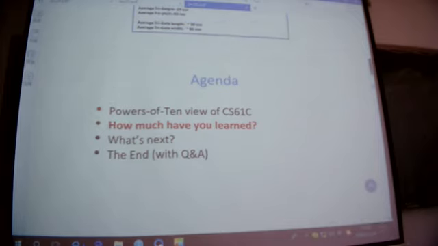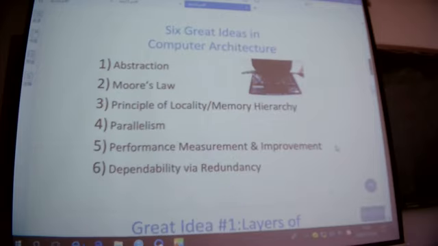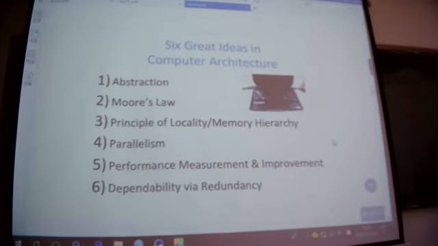How much have you learned, and what's new or what's next? We can see there are 6 great ideas in computer architecture. Please remember the 6 great ideas in our textbook. If you have time, you can look at some PPT or slides.